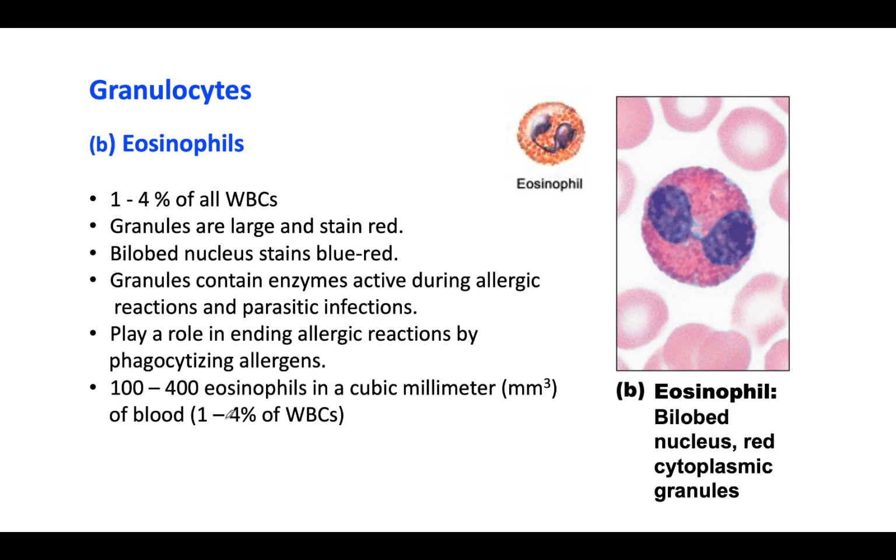Eosinophil. Eosinophils compose 1 to 4% of all white blood cells. Granules are large and stained red. These are the granules, stained in red color.